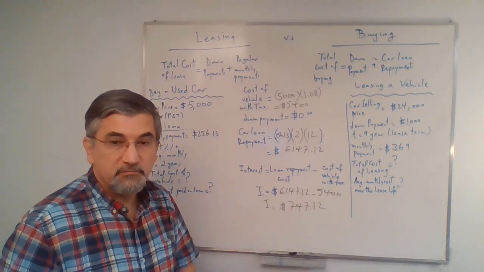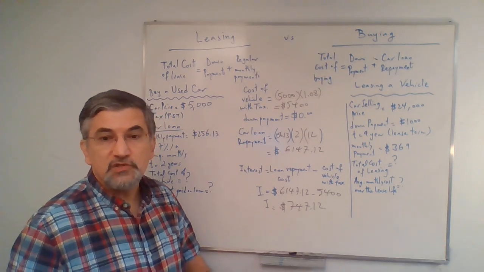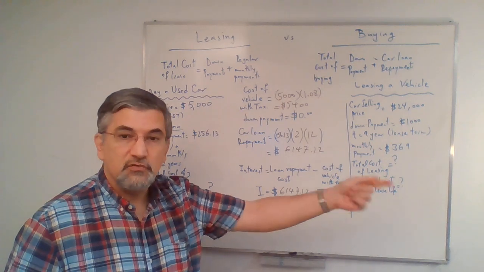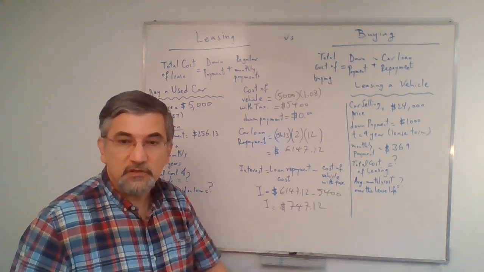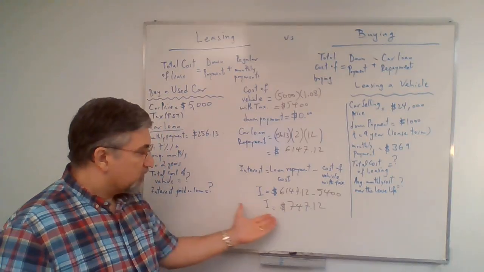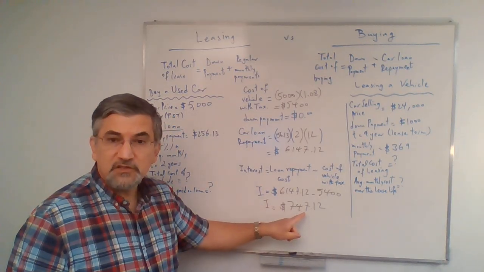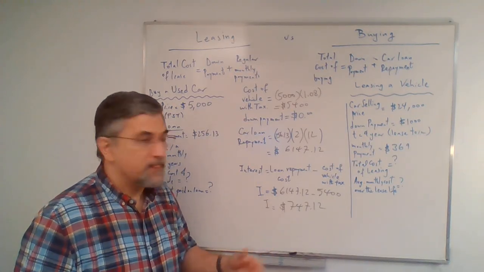The bank made the money. Why? Because they did business with you. What did they do for you? Well, they paid $5,400 to the dealership, and you got the car. So now you have to pay this car loan back, obviously. So that's why this is the cost of borrowing, actually, $747.12. The interest that the bank charges you is the cost of borrowing money, basically.